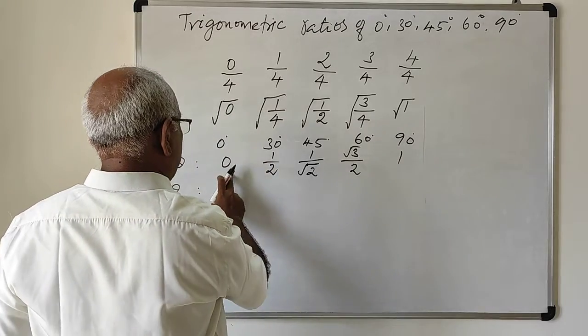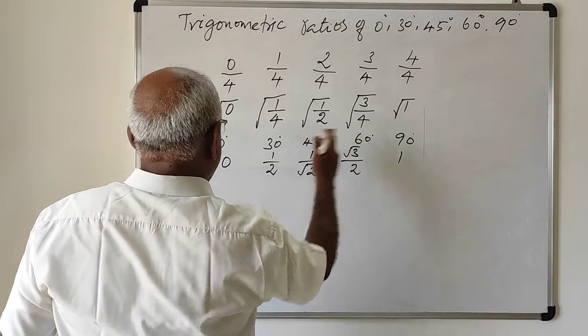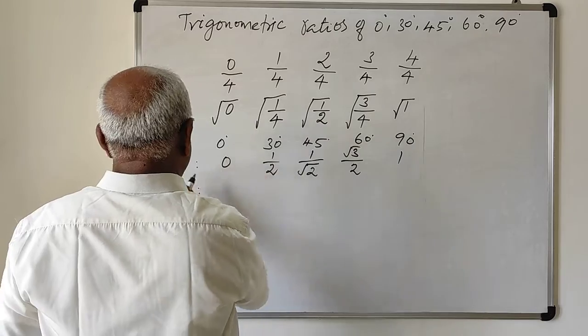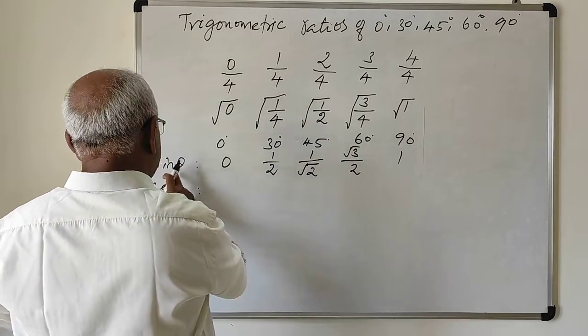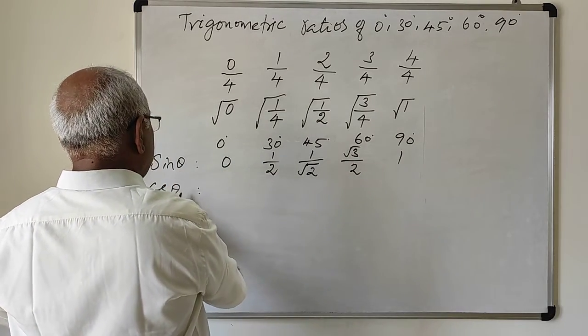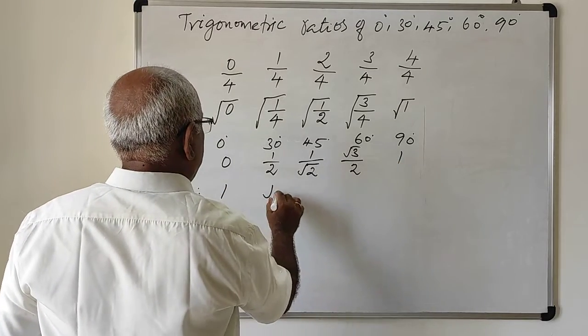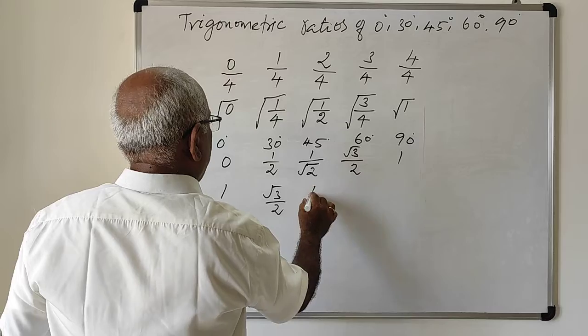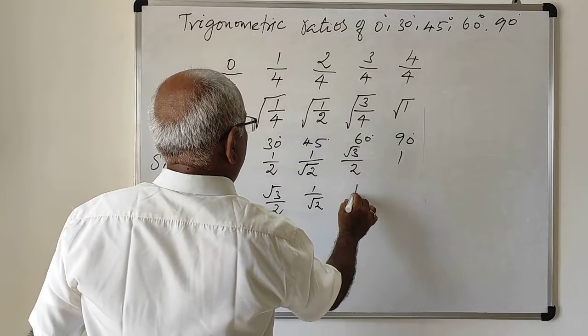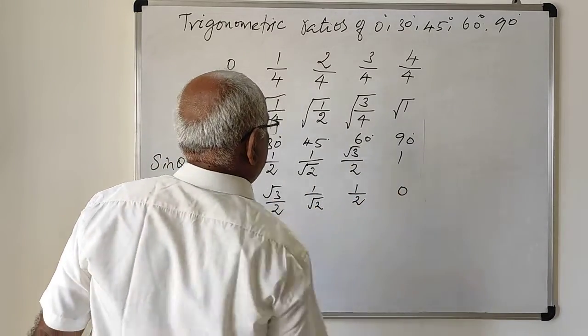Because sine 0 is 0 but cos 90 is 1. So you reverse the value, sine 0 is 0, cos 0 is 1. You write the values in reverse order, root 3 by 2, 1 by root 2, 1 by 2 and 0.